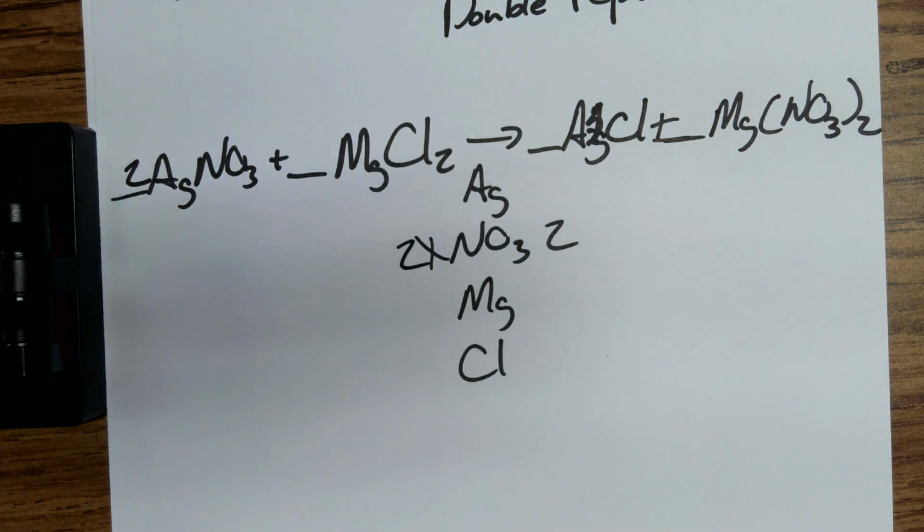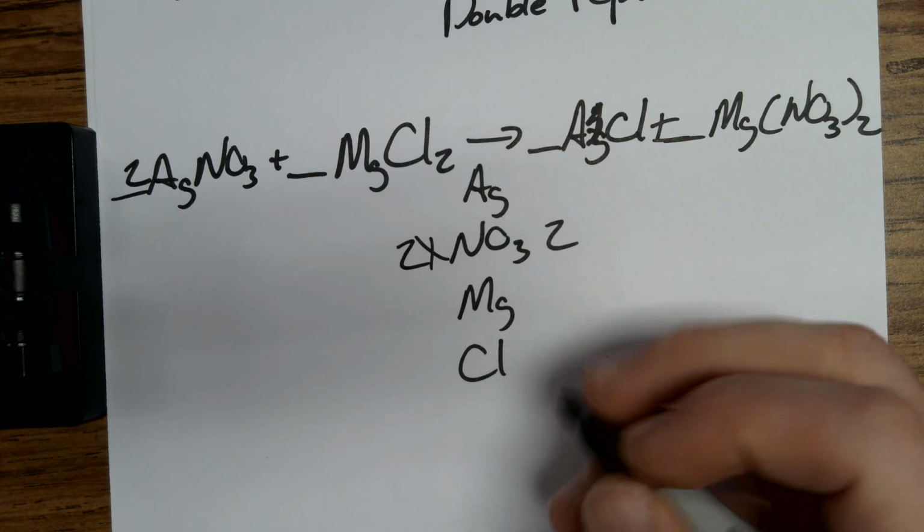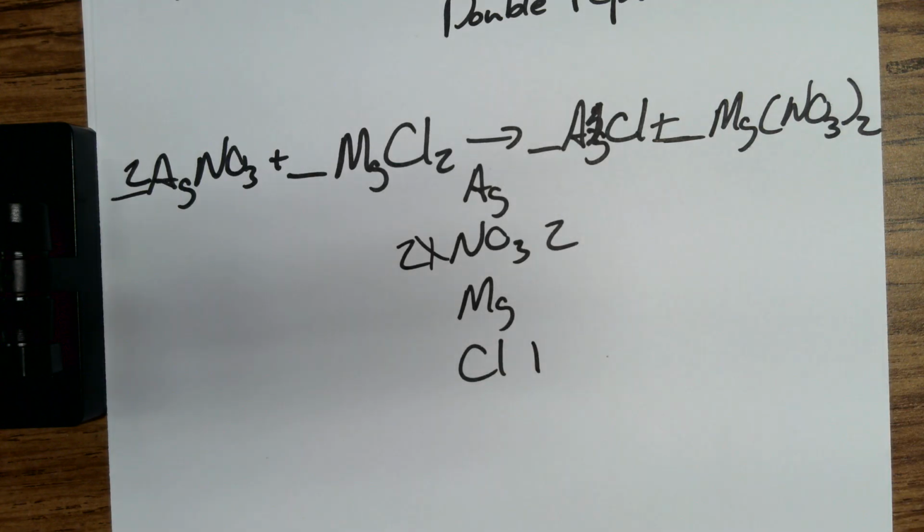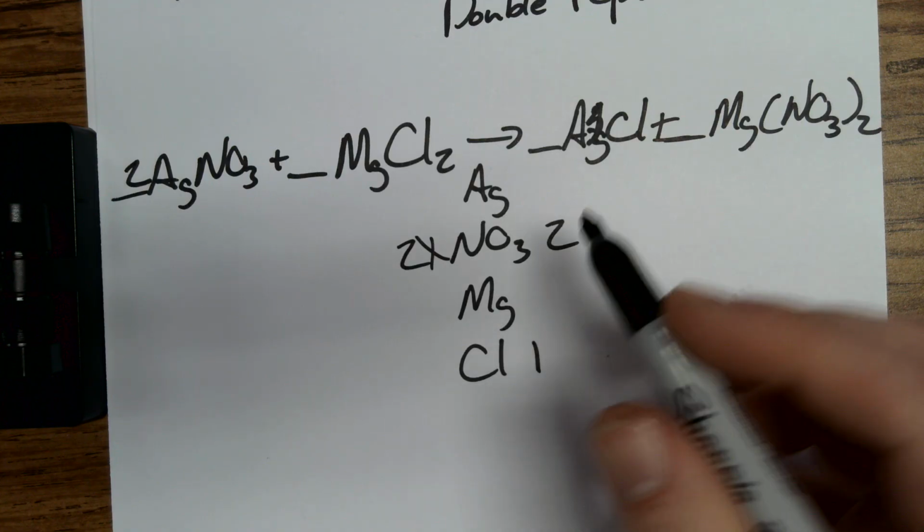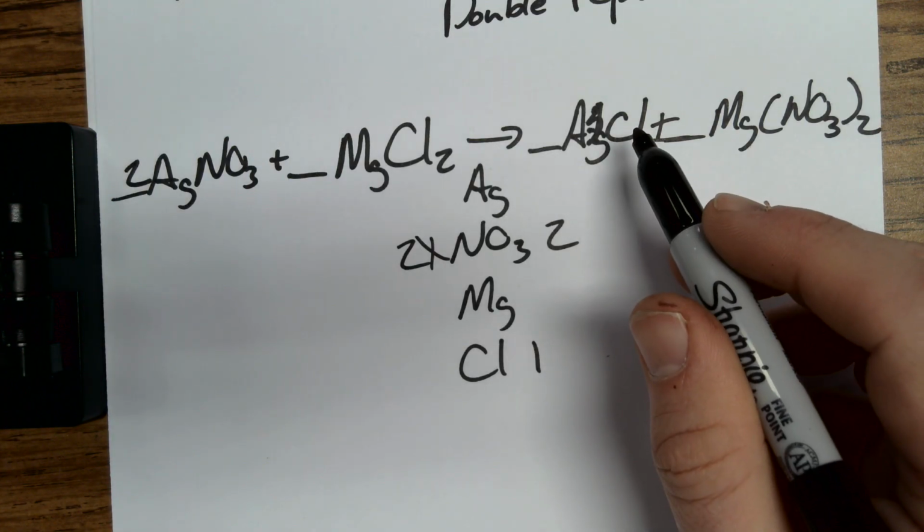So now I have 2 times 1 nitrate gives me 2 nitrates. I have 1 chlorine over here.